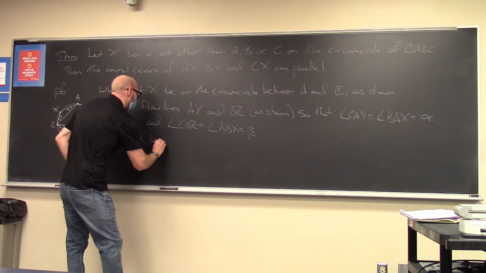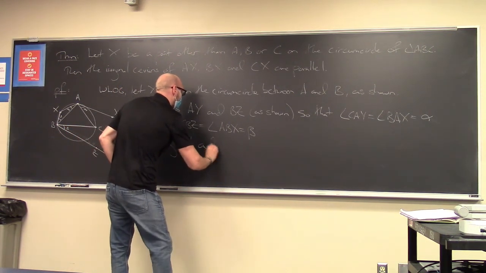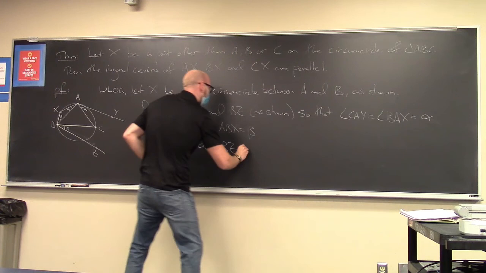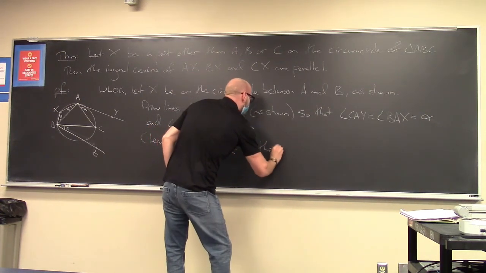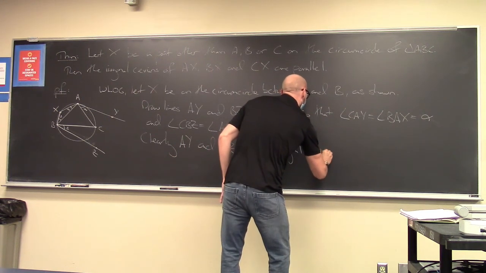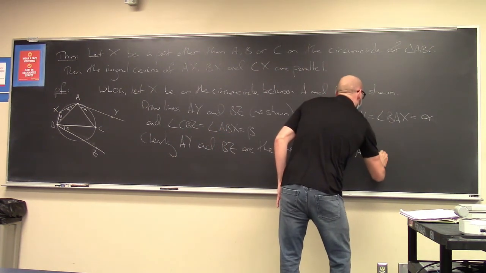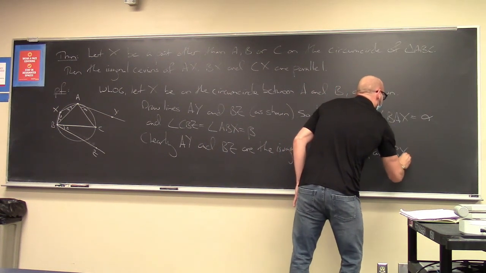So clearly, AY and BZ are the isogonal Chevians of AX and BX, respectively.